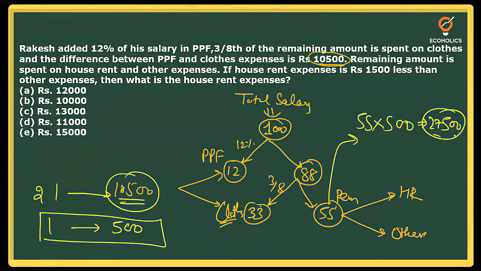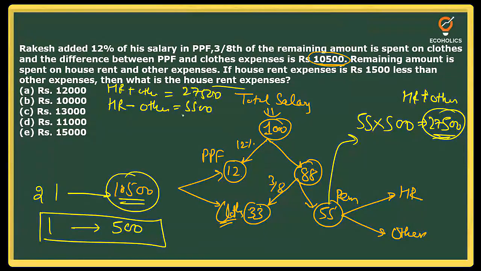So this is the remaining one. Now this is total of HR plus others, house rent plus other. And one more thing, house rent minus others is 5,500. Now you know HR plus others is 27,500 and this is 5,500.